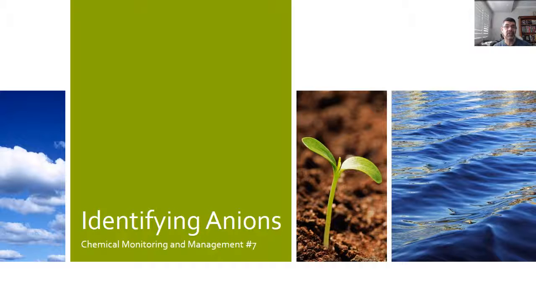This third section is looking more at the analysis of different types of products in more of an ionic kind of way, and analysis of the different ions that are present.